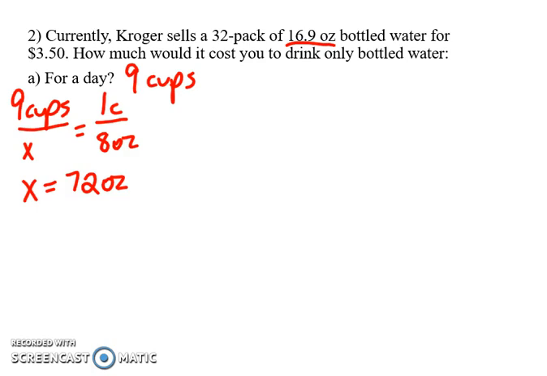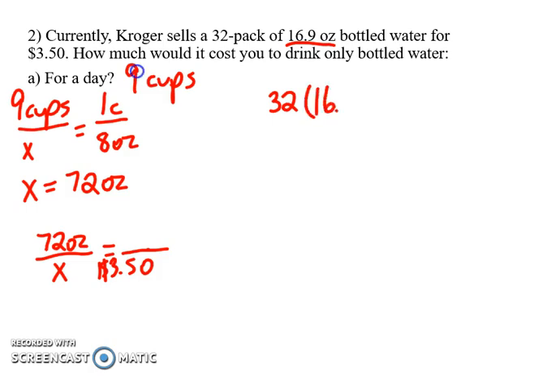I know that in the end, I'm trying to figure out 72 ounces cost some amount that I don't know each day. And I've got to figure out, when I pay $3.50, how much water am I getting? Well, what I have to pay attention to here is that I'm getting 32 bottles and there's 16 and 9/10 ounces in each of those bottles.